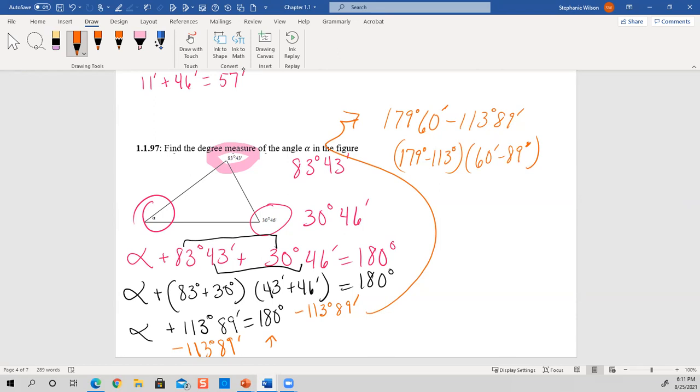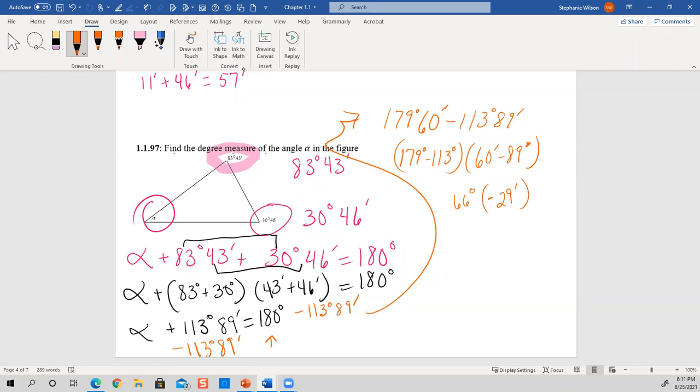So when I do that, what do I get? 179 minus 113 off the top of my head is 66 degrees. This here is going to give me negative minutes. Y'all agree? A negative 29 minutes.